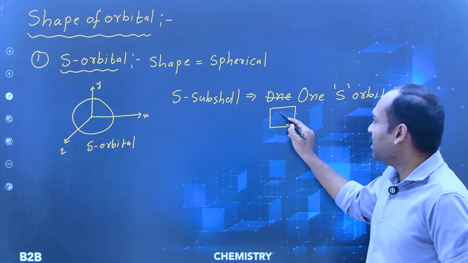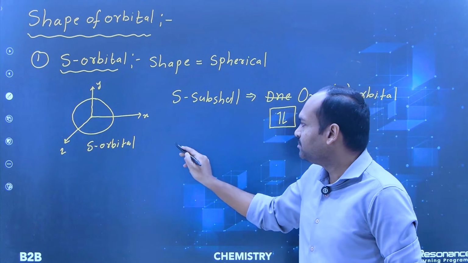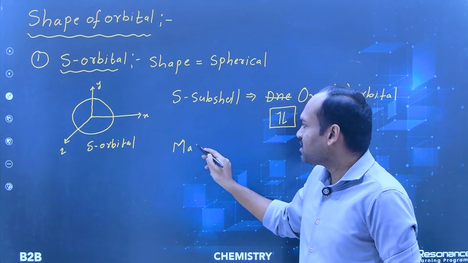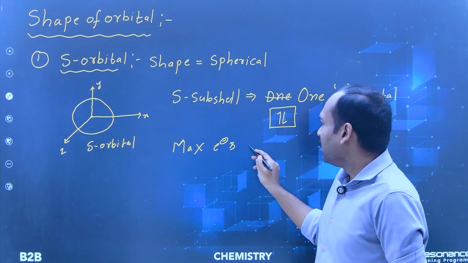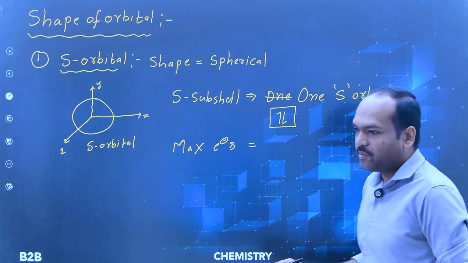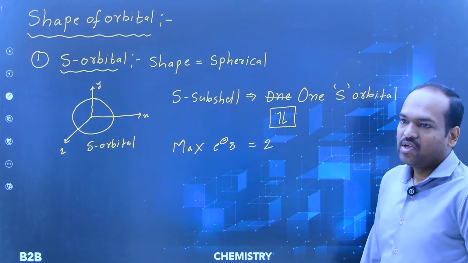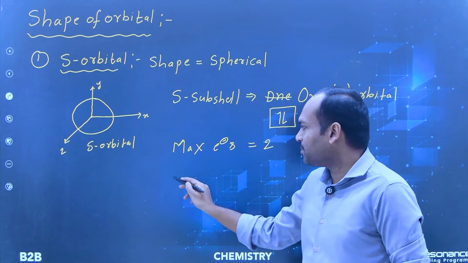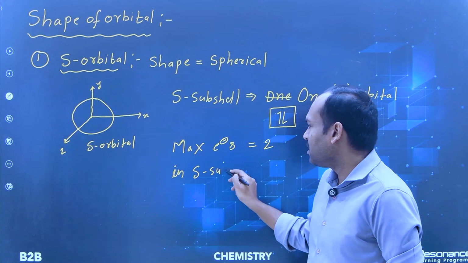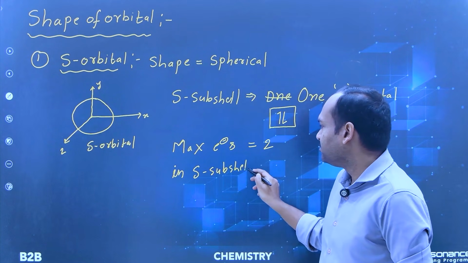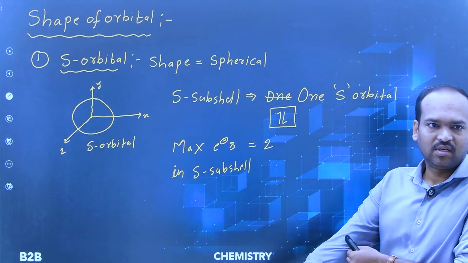How many electrons can we fill here? Two electrons. So the maximum number of electrons in an s orbital is 2, or the maximum electrons in the s subshell is also 2. This is information to remember.